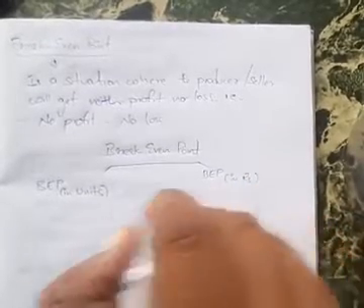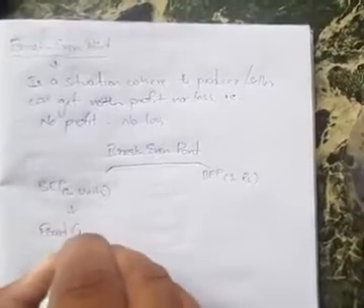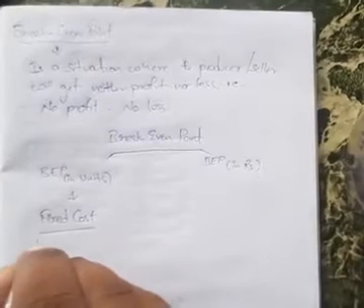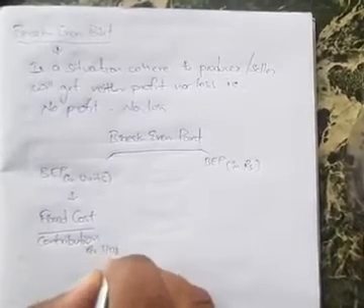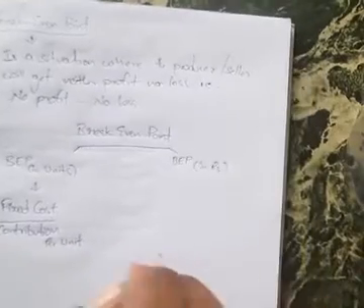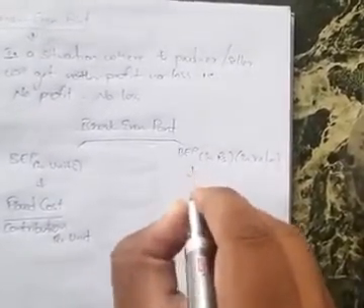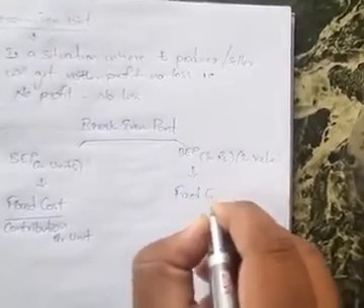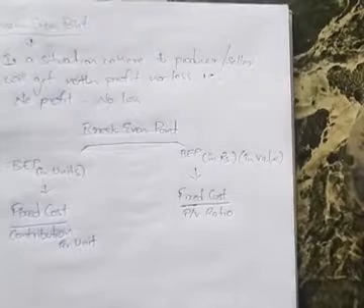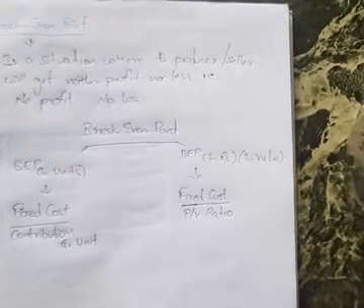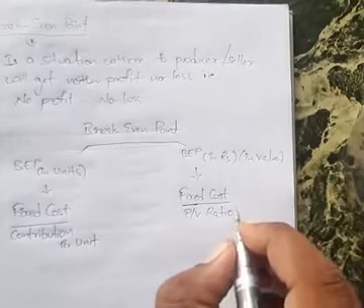For break-even point in units we get fixed cost by contribution per unit. In rupees, that means in value, the formula is fixed cost by PV ratio.